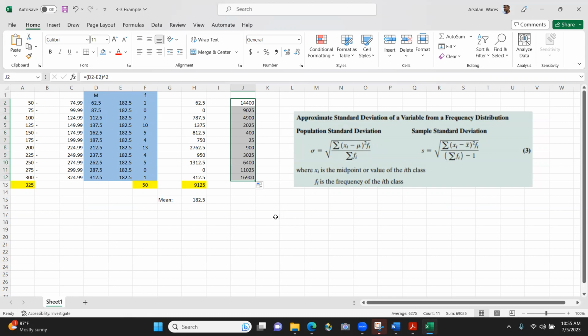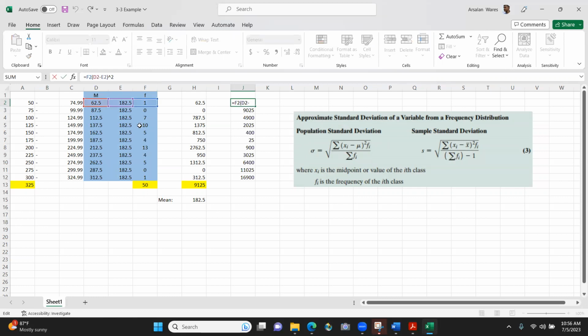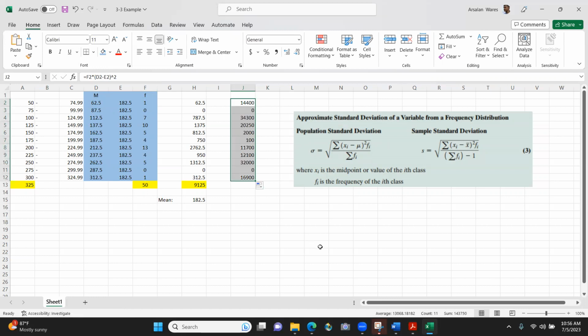Now I have to multiply it by the frequencies. I'm going to go back and do it right here. I have to put a multiplication sign. And if I drag it down, it multiplied all those things by the frequency.